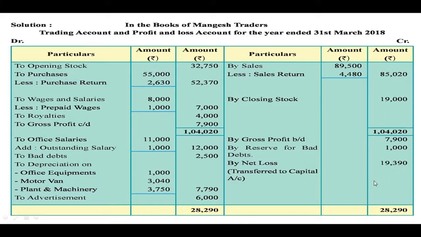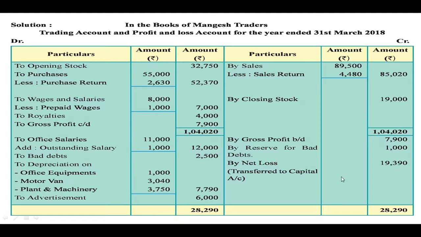Whichever side total is higher, we have to write on the same line on both sides, debit and credit, and we have to draw two lines to indicate that the account is closed. From the higher total we have to subtract the lower total and find the difference. So here the difference is coming on the credit side because the debit side total is higher than the credit side total. So there is a net loss.